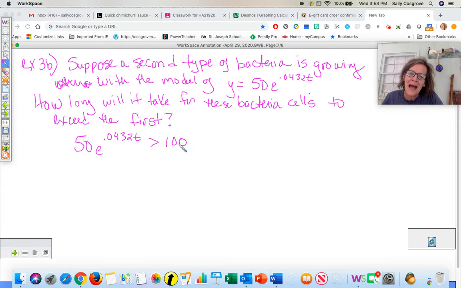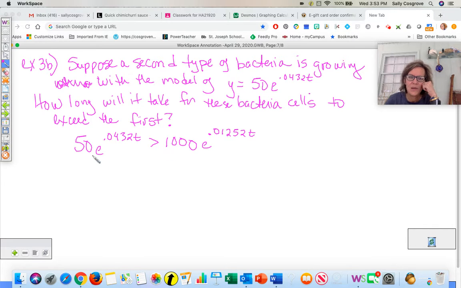So now I want to know when this is going to be bigger than 1,000 e to the 0.0125 t. And where did this come from? Oh, we found it in the first part of this problem.